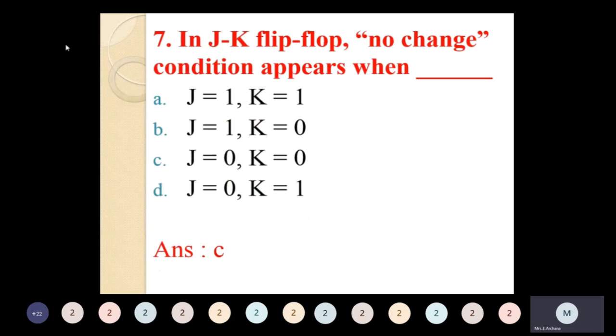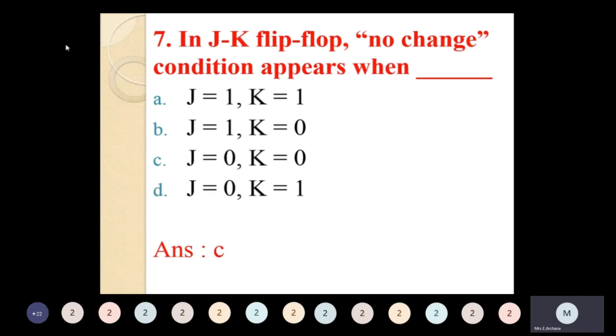For SR flip-flop, we have seen no change, reset, set, indeterminate. For JK flip-flop, we have seen no change, reset, set, toggle state. So like this, they have asked a question from JK flip-flop.